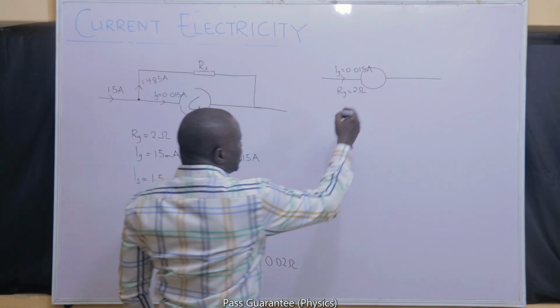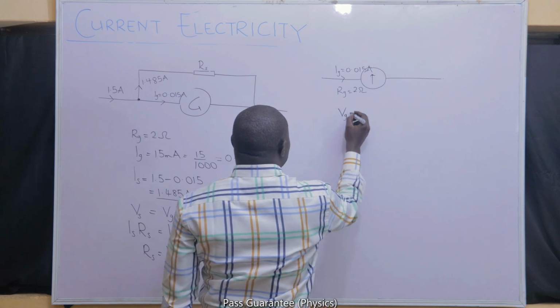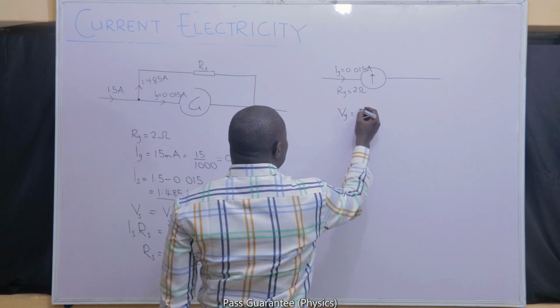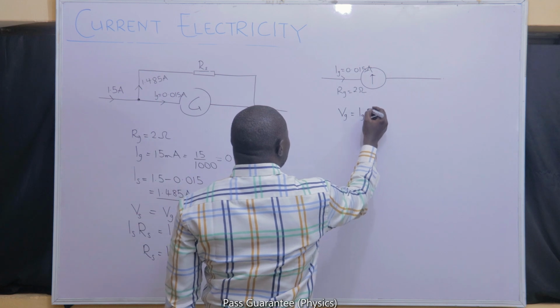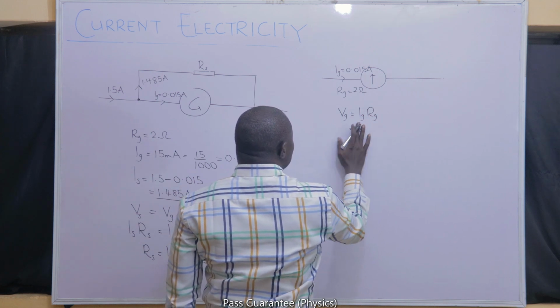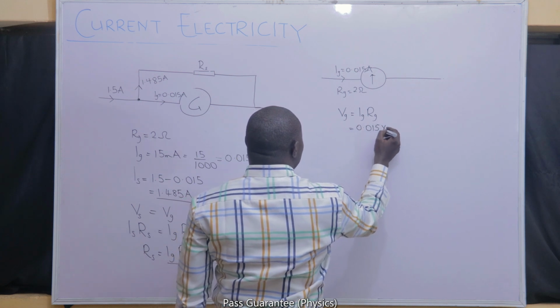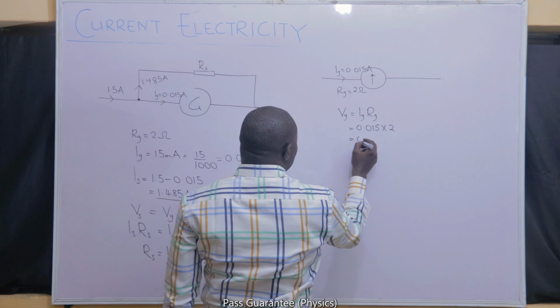Let us find the voltage of the galvanometer as it is. The voltage of the galvanometer will be I of the galvanometer multiplied by R of the galvanometer, which is 0.015 multiplied by 2.